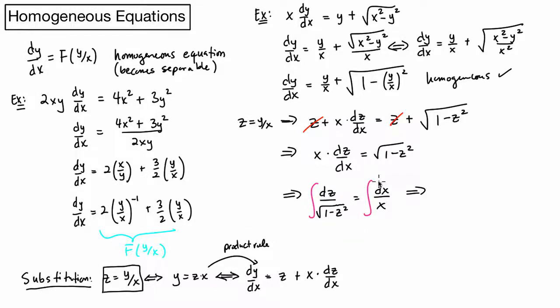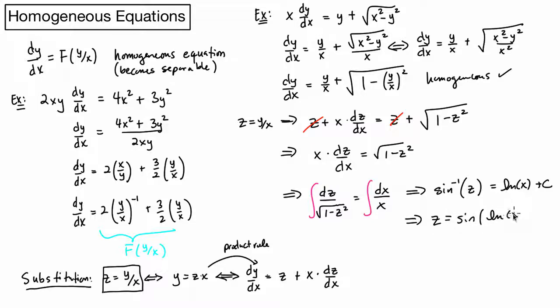1 over the square root of 1 minus anything squared is the arcsine, or I'll say the inverse sine, of, in this case, z. And that's equal to the natural log of x plus, I'll introduce a constant of integration. So I'm going to solve for the variable z, because that's my substitution variable, by taking the sine of both sides.